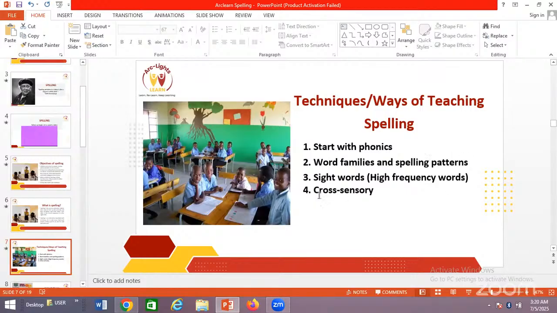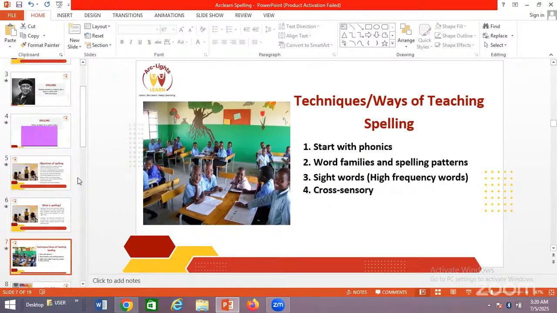You also have cross-sensory. Okay? Did you get that? We are going to be looking at phonics, word families, spelling patterns, sight words or high frequency words or tricky words, and then cross-sensory.